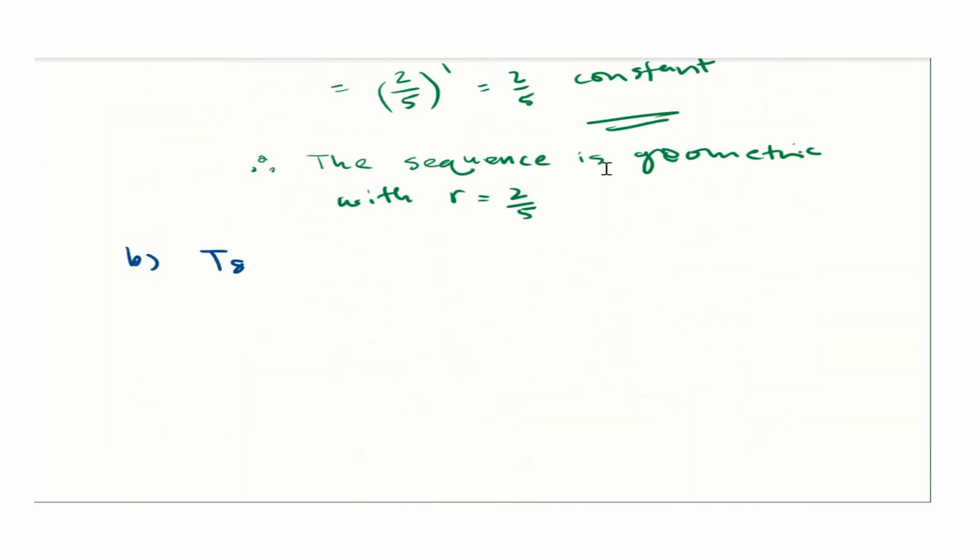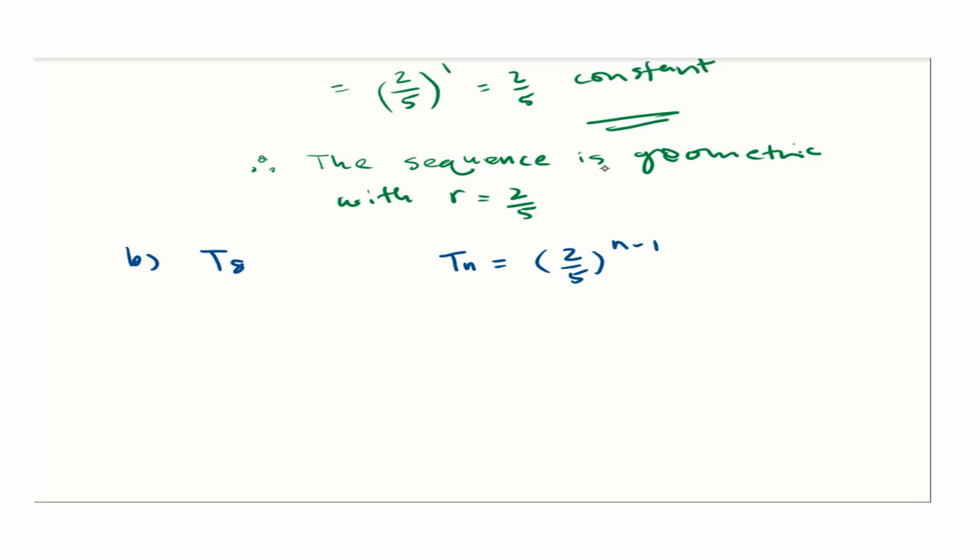We are going to use what is given, Tn equals 2 over 5 power n minus 1. So we replace n with 8.